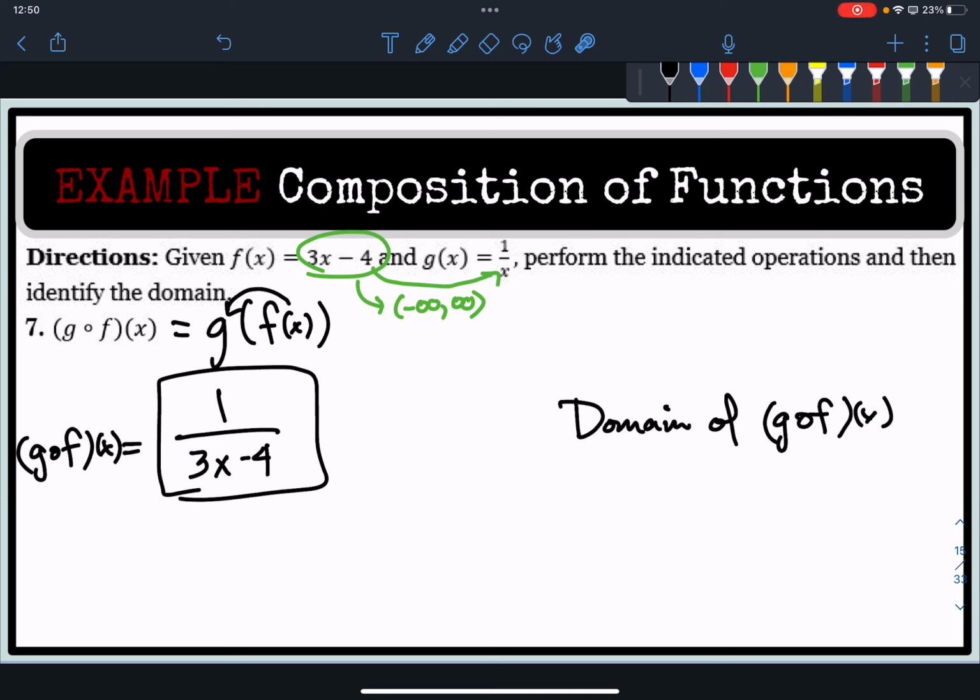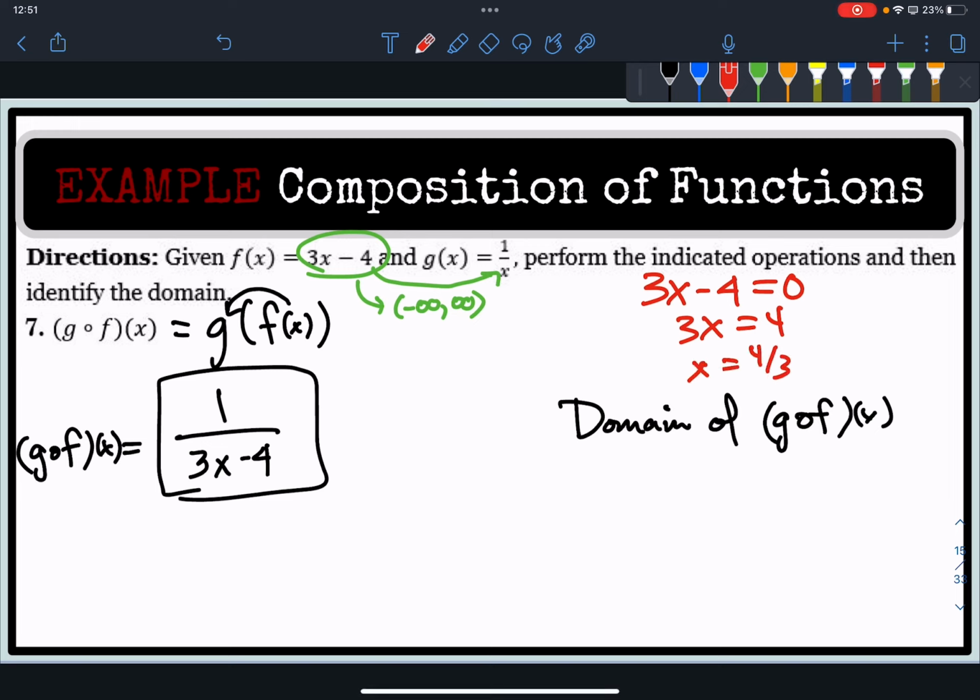We now have to consider, of all of these numbers that we're allowed to plug in, which number has to be excluded? Because if I plug in anything, there's a possibility that we end up dividing 1 by 0. So to find out what that number is, we're going to get our denominator of 3x minus 4, set it equal to 0. And solving this equation, we get that that number is 4 over 3.